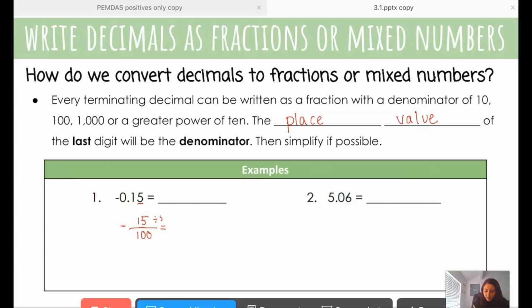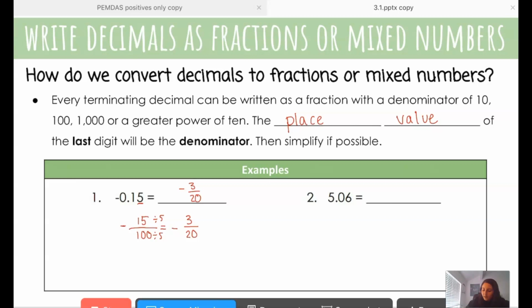So we can divide by 5. 15 divided by 5 is 3. 100 divided by 5 is 20. So now we have negative 3/20. All right, all I took was the place value of that last digit, made that my denominator, and simplified. And since it was a negative, we keep it a negative.